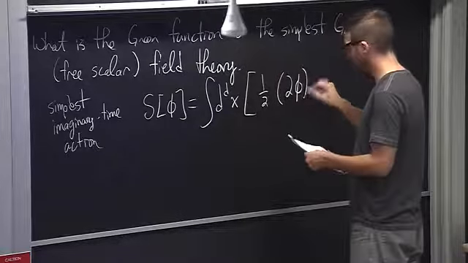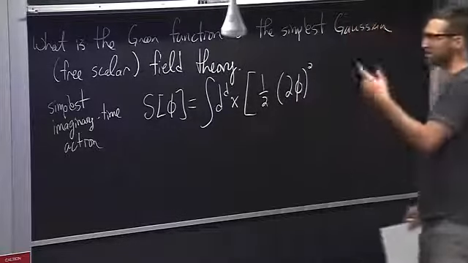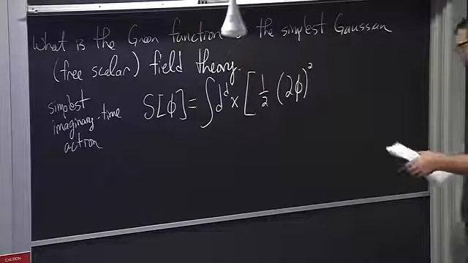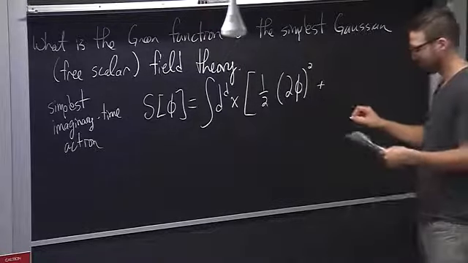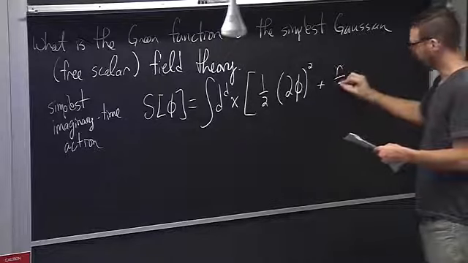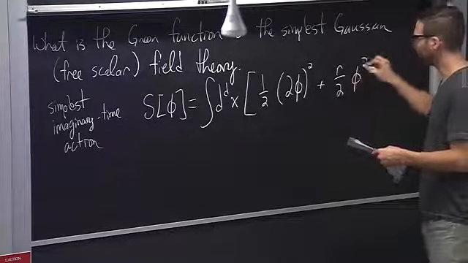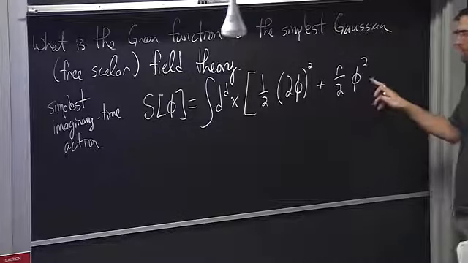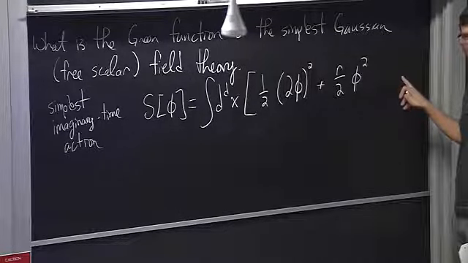We need is phi now. Those are like my v's, but I'm writing my actual field theory. I can't remember if I had a factor of 2 here. I'm going to write my field squared with an r. And then I can have higher order terms. But what higher order terms do is they screw up your Gaussian integration.